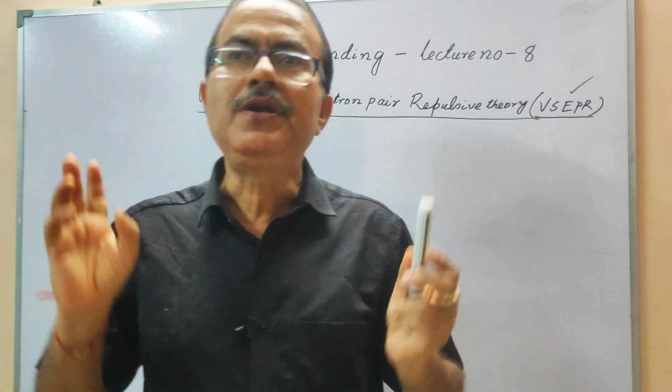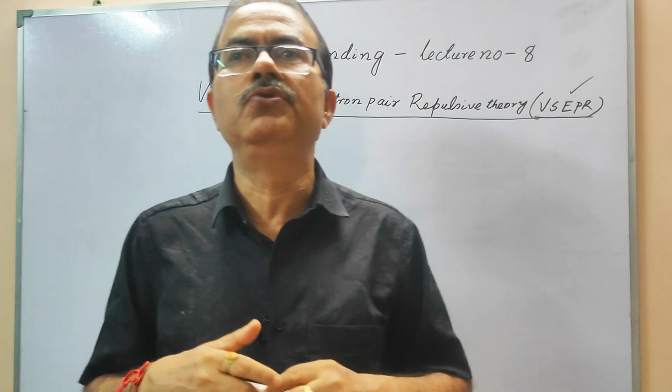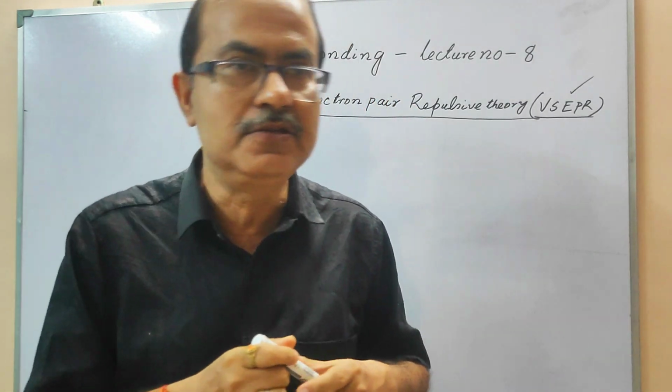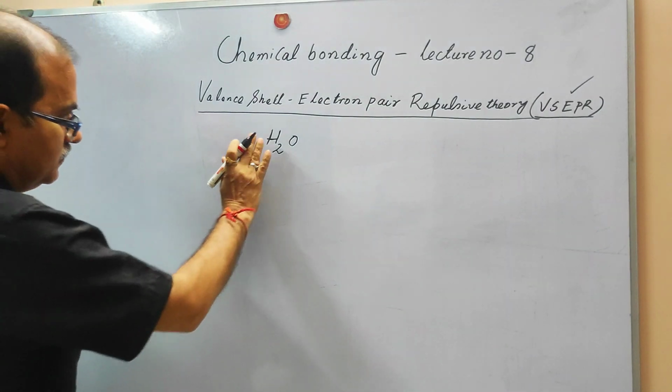There are basically two types of geometry we will understand in this lecture: one is regular geometry and the other is irregular geometry.